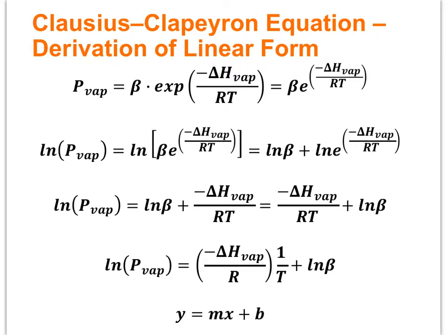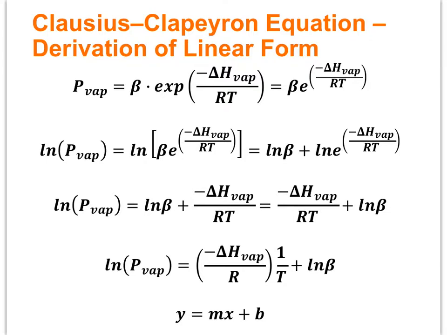So what we're really interested in, we said, is the relationship between vapor pressure and temperature. Well, it's always difficult when something that you're interested in as a variable exists in an exponent. So one of the things we can do is get that out of the exponent by taking the log. And since we're using the natural base e, it makes sense to use natural logs.